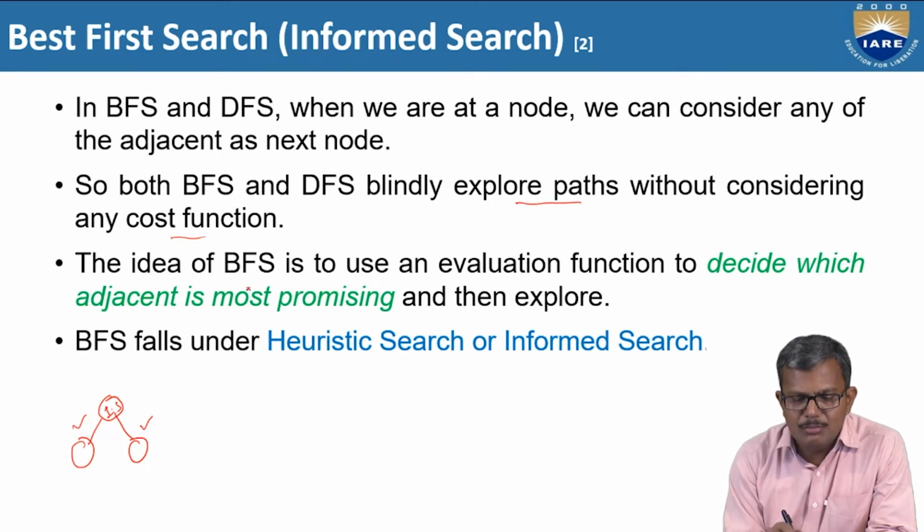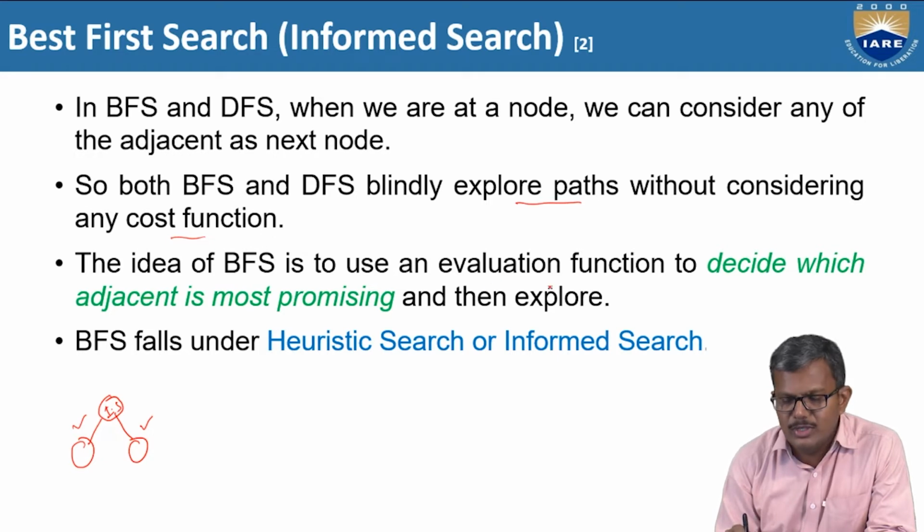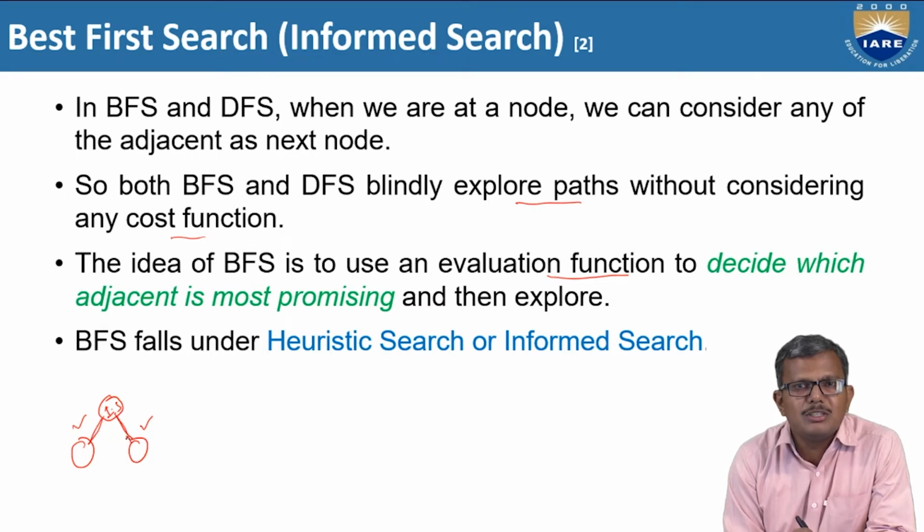The main idea of this search process is that we need to evaluate the function to decide which adjacent node is most promising. Initially, we have identified that there are two adjacent or successor nodes to this initial state. Once we identify them, our duty is to select either this path or this path.